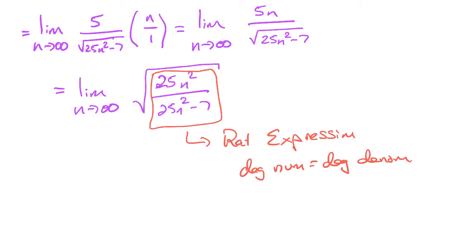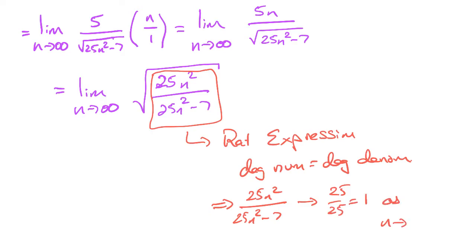That tells us that as n goes off to infinity, 25 n squared over 25 n squared minus 7 approaches 25 over 25, or 1. So the inside heads off to 1. And the limit of the square root, since it's a continuous function, just heads to the square root of 1, which is 1.